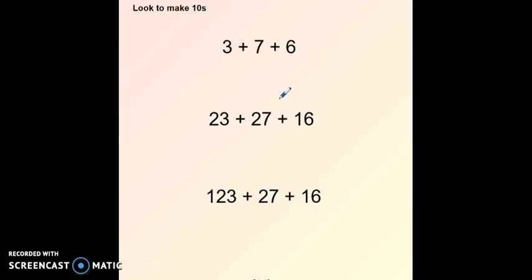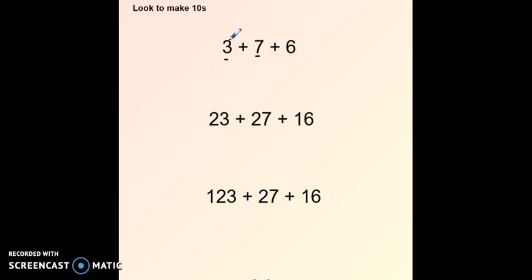When we have more than 2 addends, it's helpful to look and see if we can make groups of 10, because we know that adding 10s are easier. So if we look at our first problem, for example, 3 plus 7 plus 6, I do have a 10. I can put my 3 and my 7 together to make a 10.